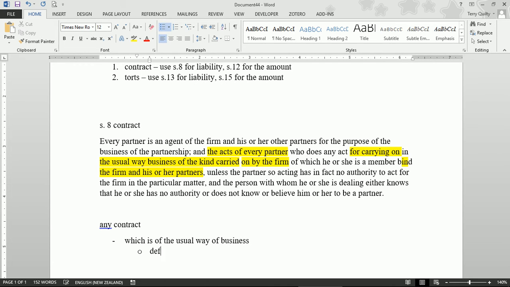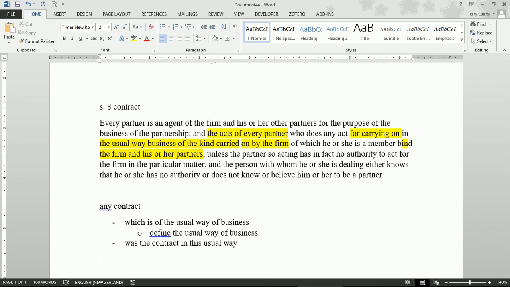So define the usual way of business. Do they manufacture computers? Do they make boats? Do they take tourist trips? What is it they actually do, which would be the usual way of business? Was the contract in this usual way? Then the contract is binding on the firm, meaning all partners have to pay.